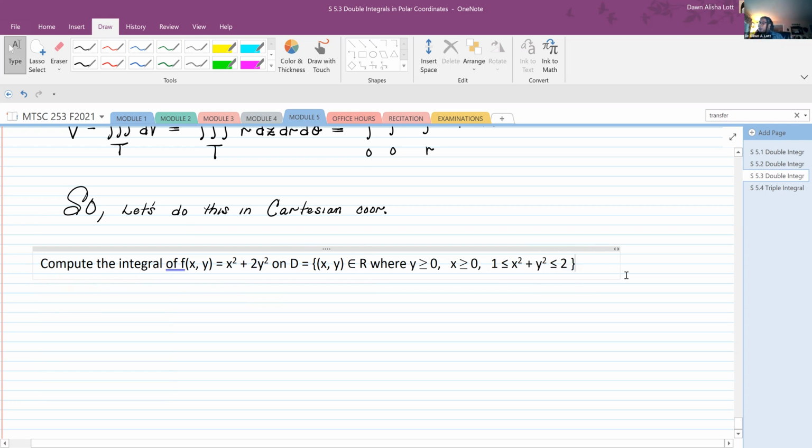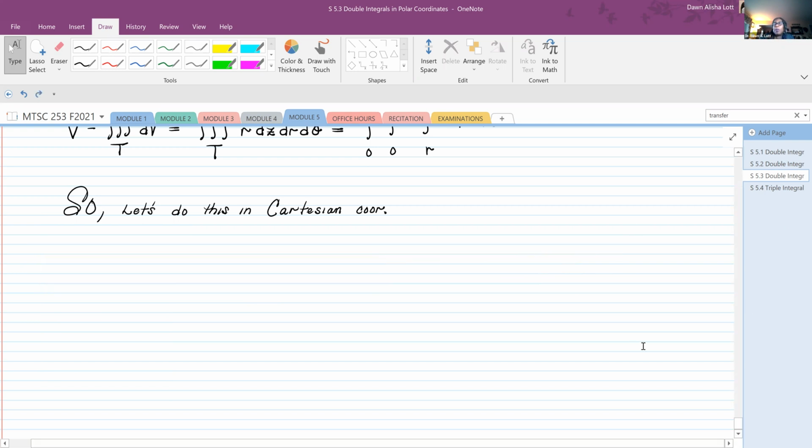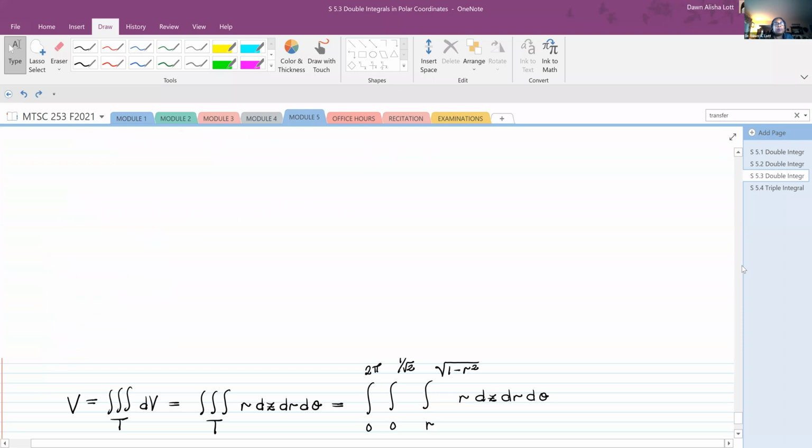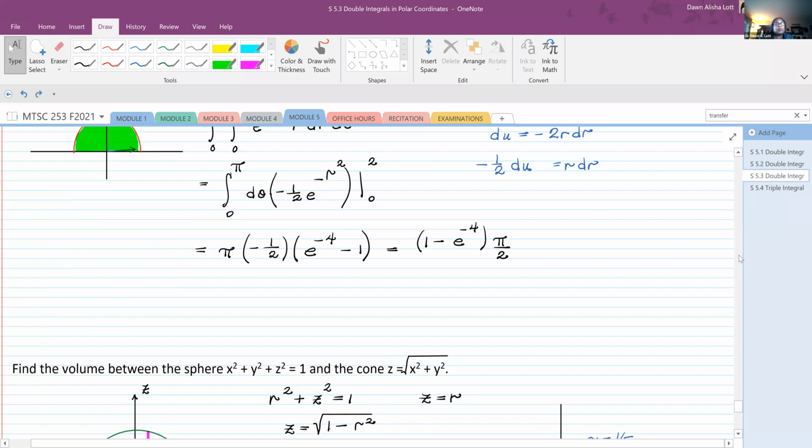So in Cartesian coordinates, we still have to find where they intersect. Is that the same problem? No, that's the wrong problem. I grabbed the wrong problem.